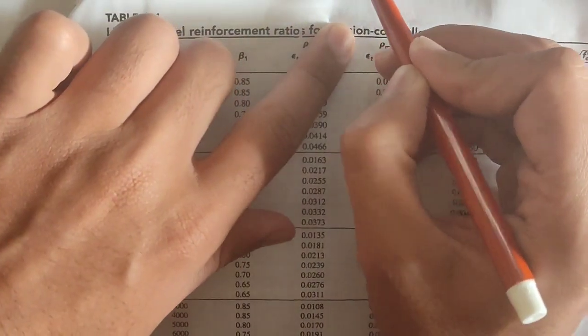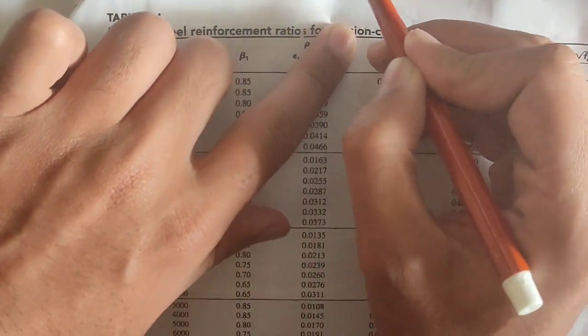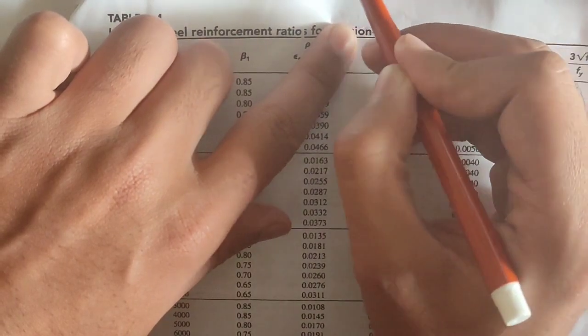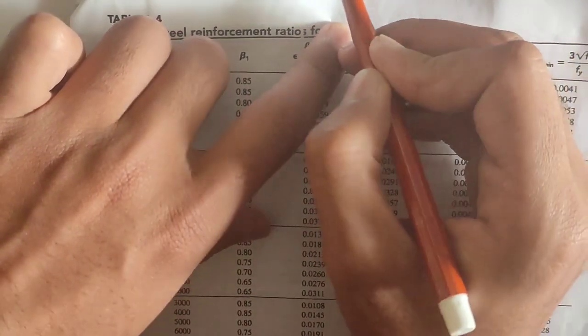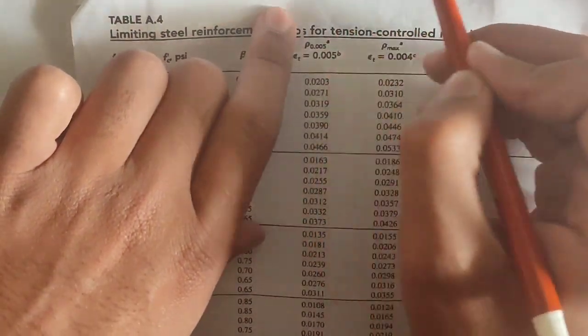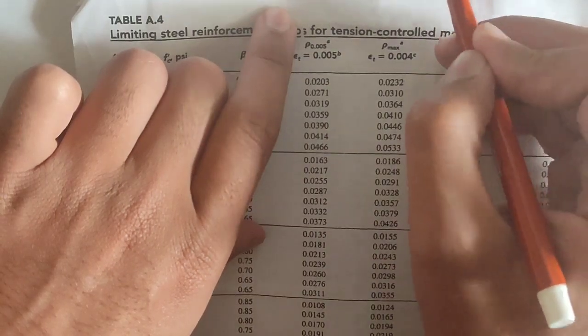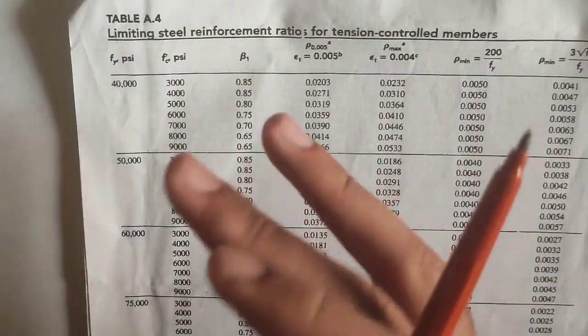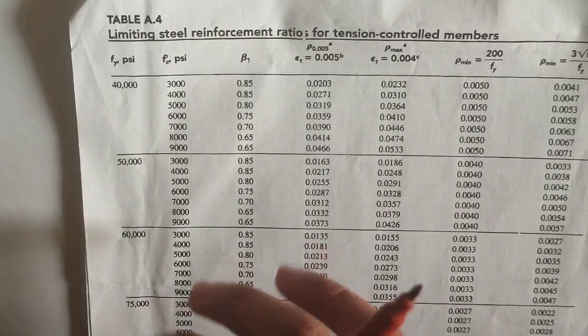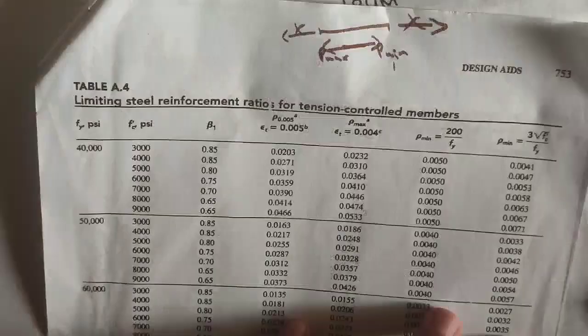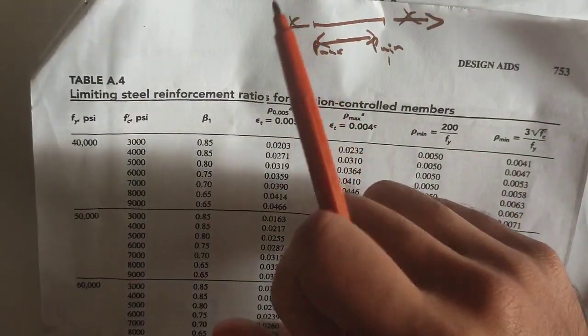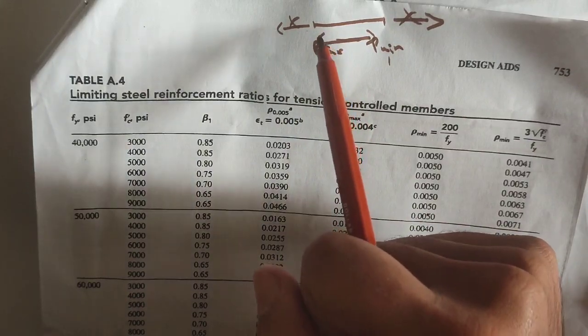You will have to use reinforcement between these, both included. You will not go beyond this and you will not go beyond this. You will place balanced reinforcement in it. So let's suppose you have a limiting value for it.